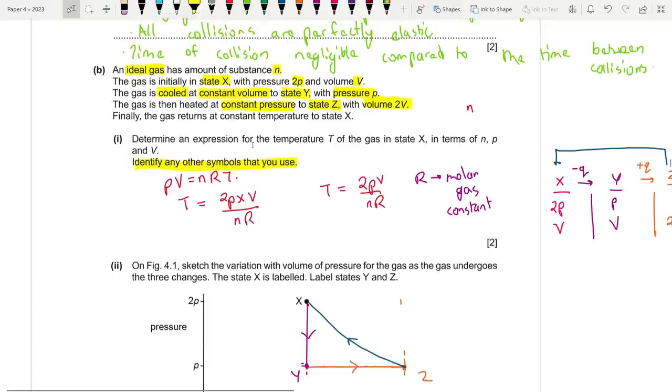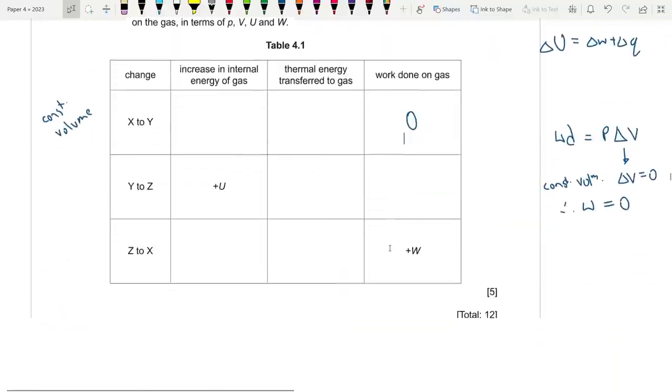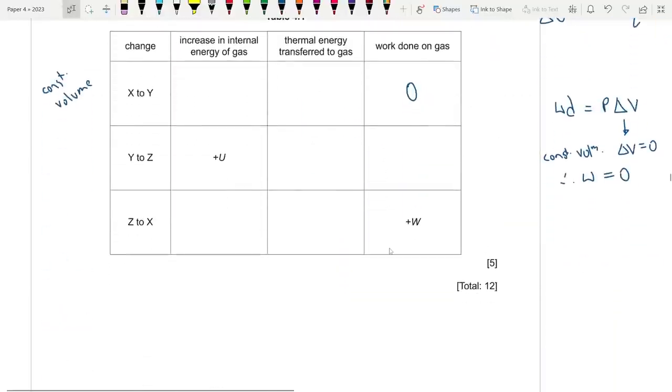We'll come back here later. Now the gas is cooled at constant volume. Then the gas is heated at constant pressure. So when you have constant pressure, you can use the formula P del V, and the volume increases from V to 2V. So from y to z, what is the work done? It is P del V, and this is the change, 2V minus V, into P, which is VP.